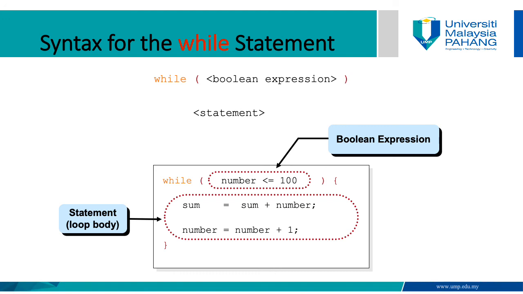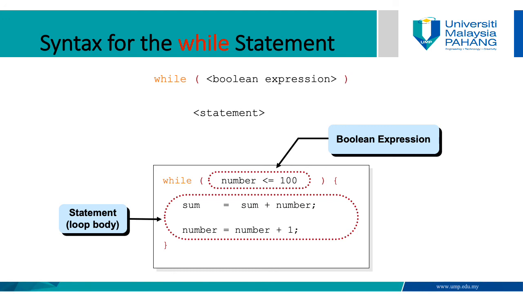To write a while statement, you begin your line of code with the word while, and then the Boolean expression in brackets, and then include your statements. So here is the example. You have to understand the word while. While the Boolean expression, number less than or equal to 100.